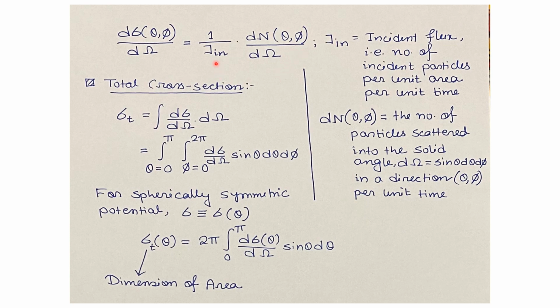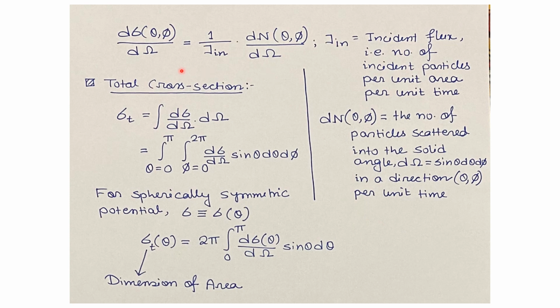Here J in is the incident flux, that is the number of incident particles per unit area and per unit time, and dn as a function of theta comma phi is the number of particles scattered into the elementary solid angle d omega, that is sine theta d theta d phi, in a direction of theta comma phi in the spherical polar coordinates per unit time.